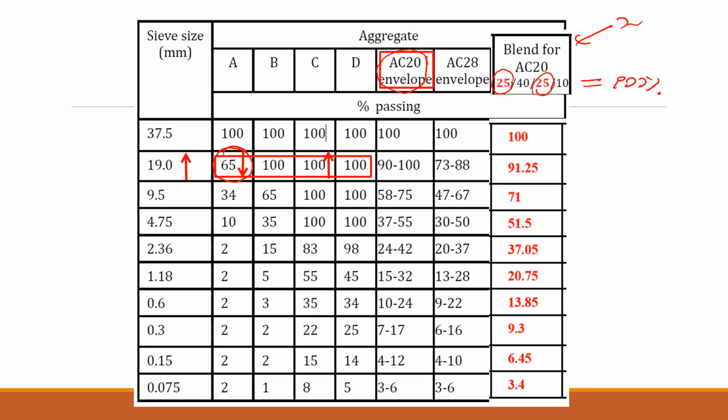We just changed by 5% because it's a small number. We need to increase a little bit. Did you get these numbers? You need to do it for all the sieve sizes, okay? Not just one. When you are blending, all are changing. So now, what can you say about the new blend?